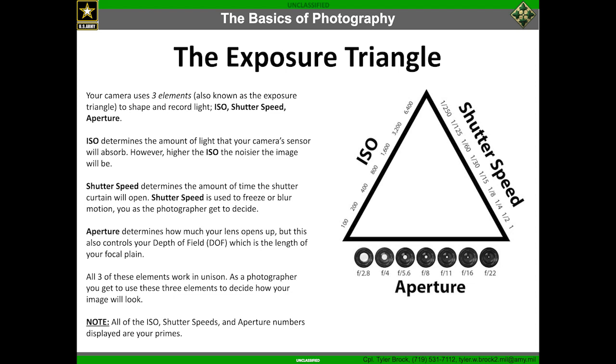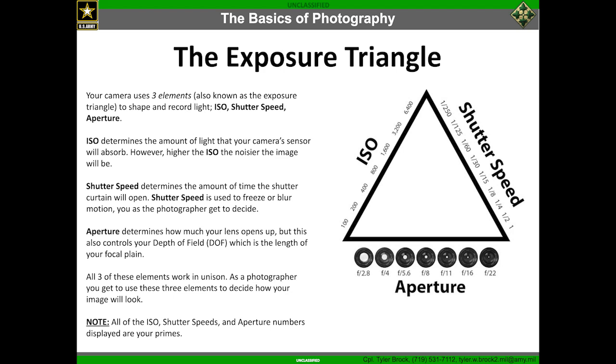And then if you hear someone say you need to slow your shutter speed down by 7 stops, well, you need to count down 7 stops on your prime shutter speeds. And then your ISO, same thing. If they say that you need to increase by 2 stops your ISO, well, that's how you measure it. Each of these are stops.